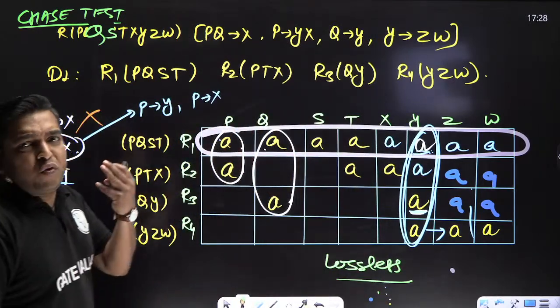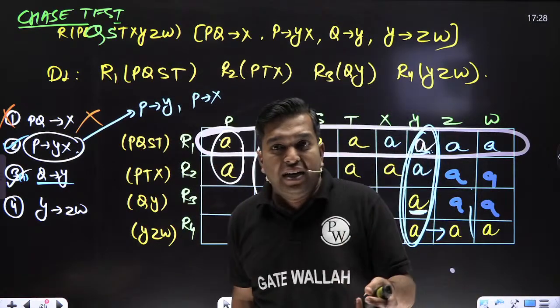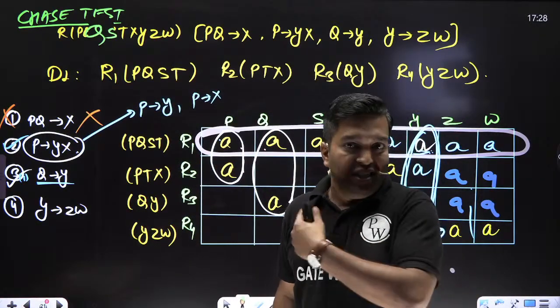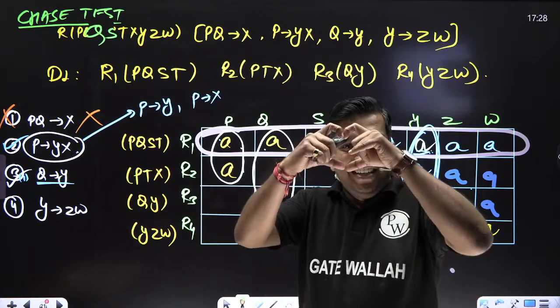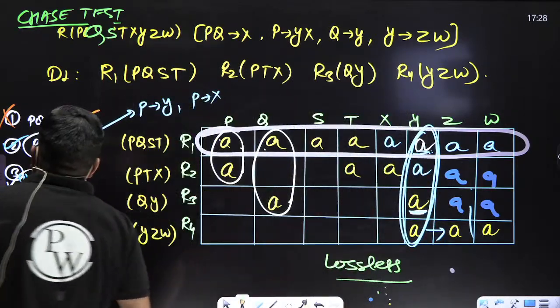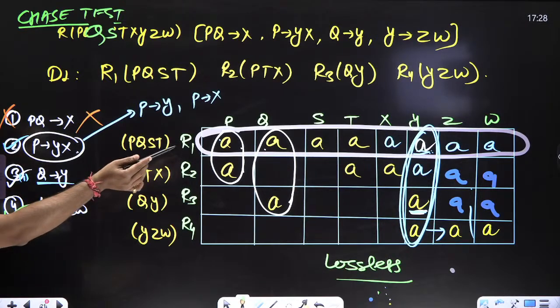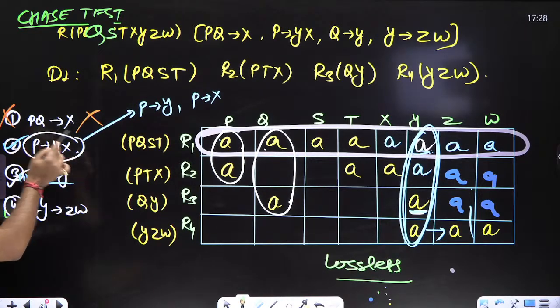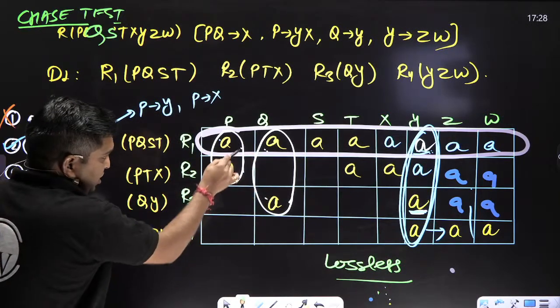You can do this for 4 relations, 5 relations, 6 relations, and even in the paid classes I will take these things for 7 relations, 6 relations. Children, I am telling you simply, whatever FDs you are able to satisfy, you can write. Like here, two PQ values are not the same.